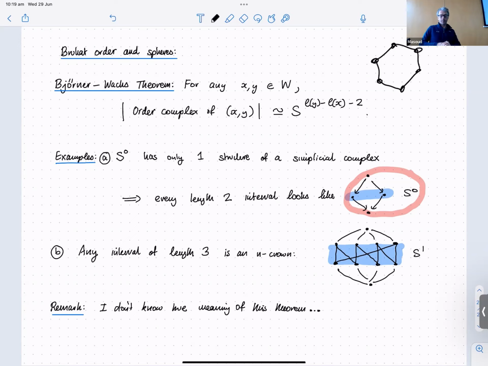But Björner has another theorem which says that out of a Bruhat interval, there's a regular CW complex of a sphere such that the barycentric subdivision of that is this triangulation. So there's a more basic regular CW complex decomposition of the sphere giving rise to the Björner-Wachs theorem. I don't really know how to make sense of this theorem, but it's interesting and it might be a clue. So thanks a lot.